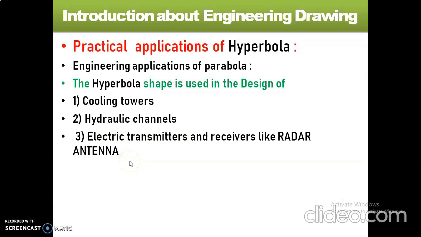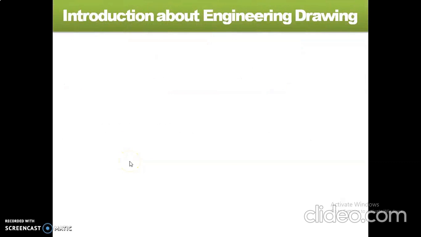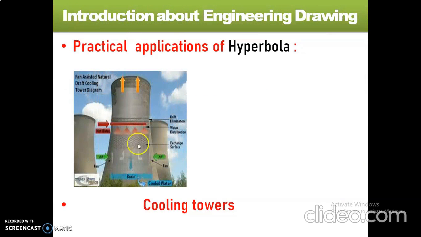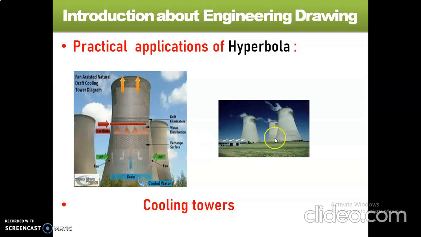See cooling towers first. This is a cooling tower. Generally we see them in KTPS, Kothagudem Thermal Power Station, and VTPS, Vijayawada Thermal Power Station. This is also a cooling tower. The top portion of the cooling tower is in the hyperbola shape.